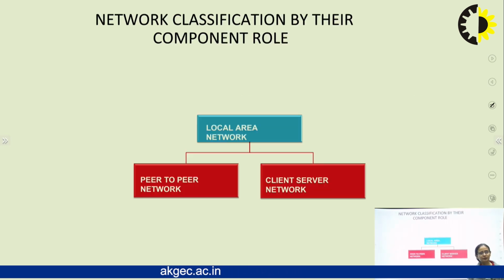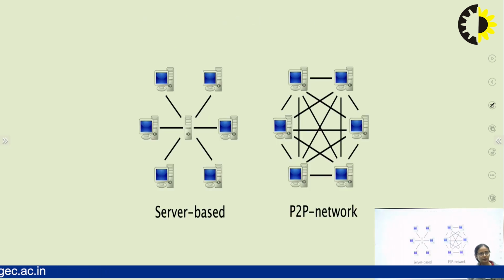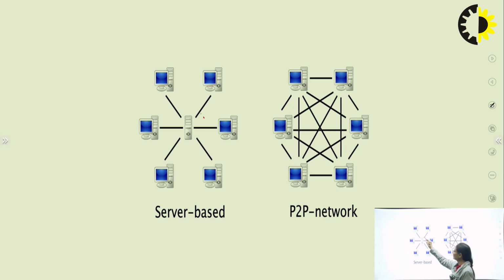On the basis of their components, that is, how the communication is taking place, we have peer-to-peer network and client-server network. In the case of the server-based, one of the nodes is acting as a server, and all the devices are connected to this server. They send requests to the server.